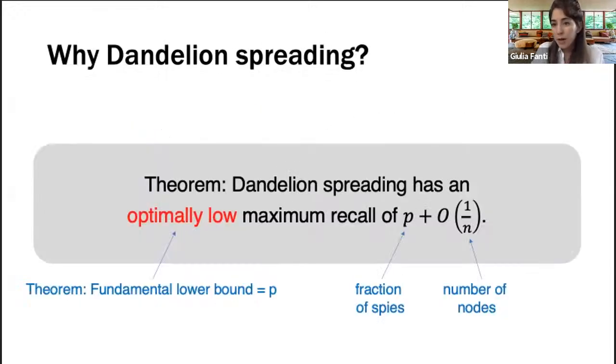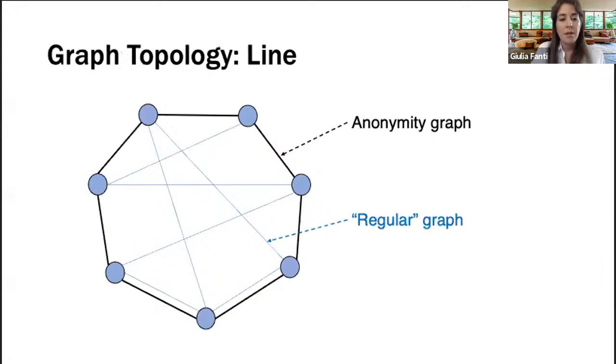Now this holds for any graph topology, but in addition, to actually get the good performance with respect to precision as well, we need to change the topology of our peer-to-peer network actually. So what this means is that the stem of our dandelion is always going to be propagating over effectively a cycle graph. Okay?